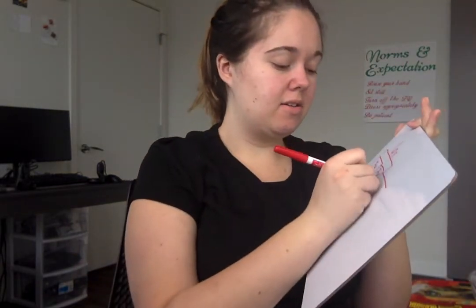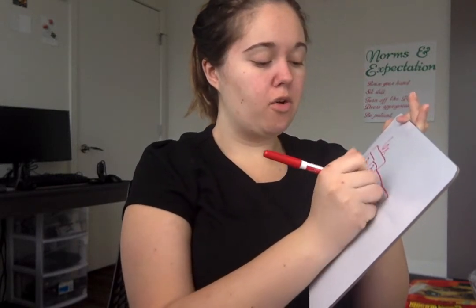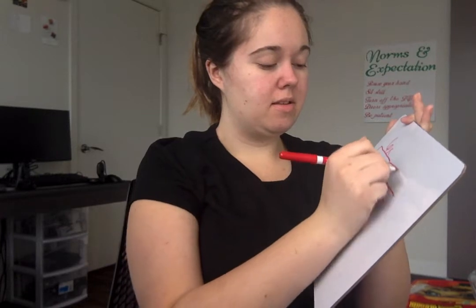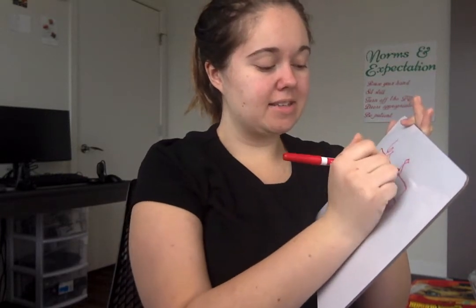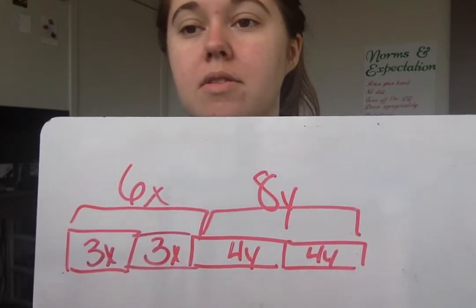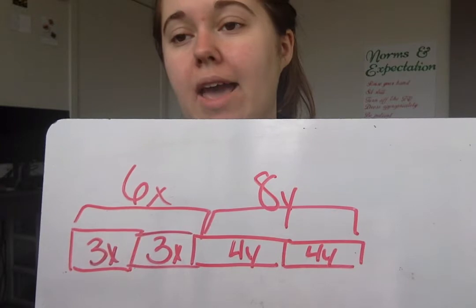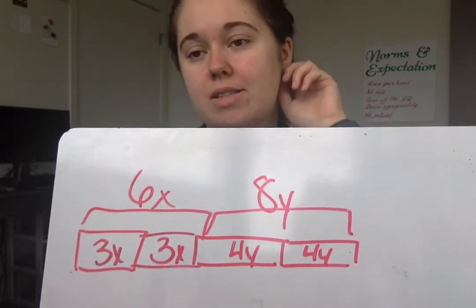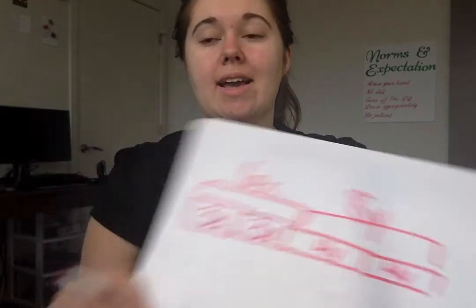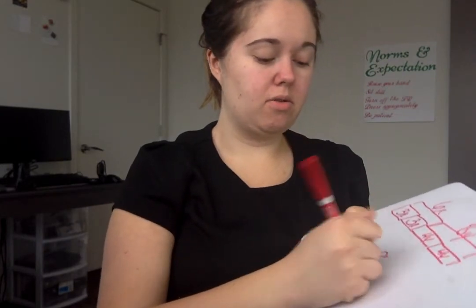And then 4y, that's 8y together. So that's how we can combine this. There's 6 x's and 8 y's. So that's what this model is showing, is 6x plus 8y.